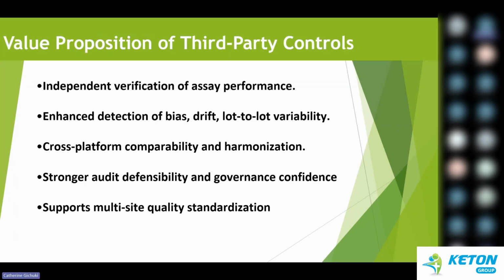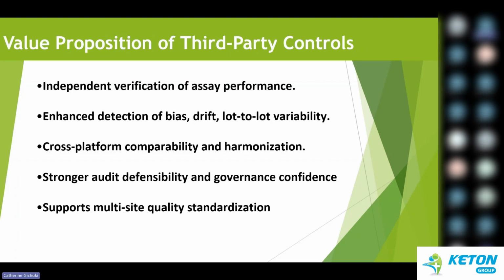Another value is cross-platform comparability and harmonization. Like I've mentioned, we have different machines, and you can compare yourself. It allows a fair comparison of results between different machines and branches. If you have more than one site, more than one satellite, you can do comparison. Then stronger audit defensibility and governance confidence.